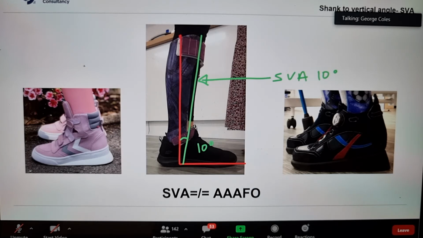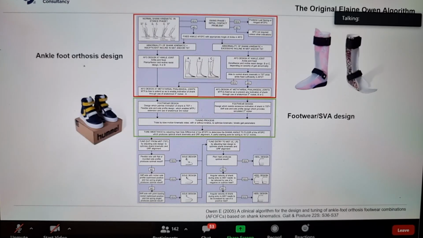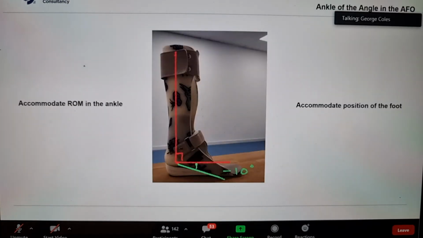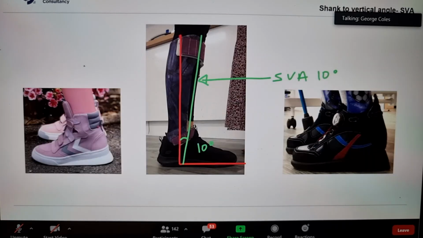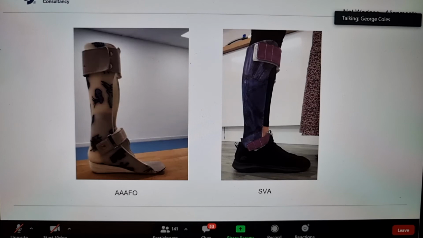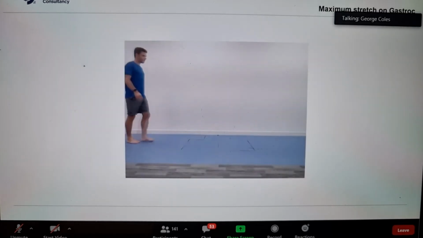Normally, an accommodation wedge for an AFO, to bring it back to here, will be stuck to the AFO, and then a wedge for the SVA will be either on the bottom of the shoe or inside the shoe as an external wedge, because it very much depends on what kind of footwear you've got. So angle of the ankle and SVA are two very separate things.